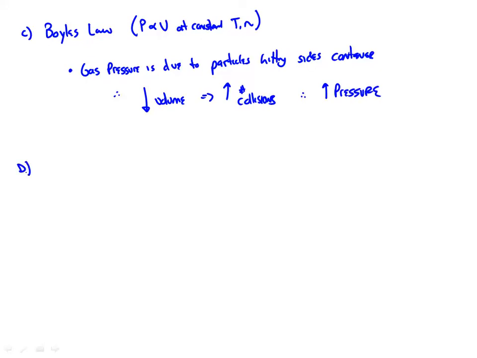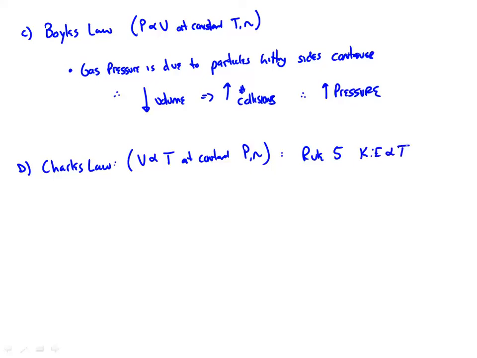And of course, the next one after Boyle's is simply Charles' law. That's the one that says volume is proportional to temperature at constant P and N. And this is essentially due to Rule 5, which says that kinetic energy is proportional to temperature.